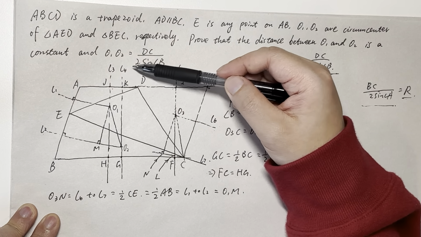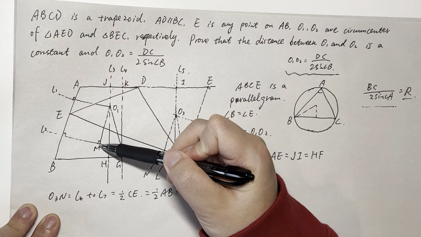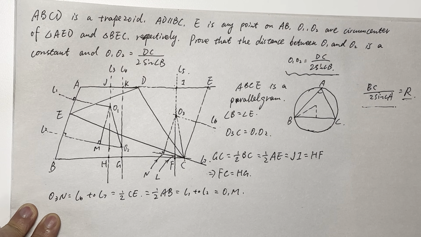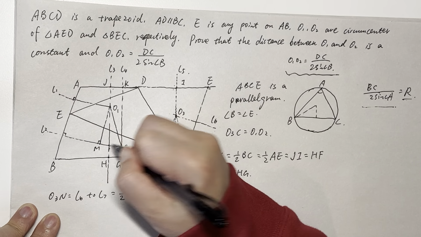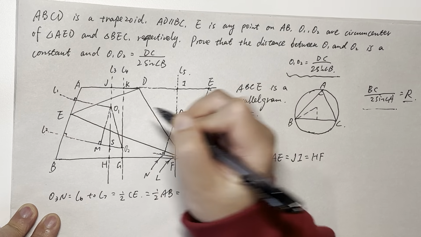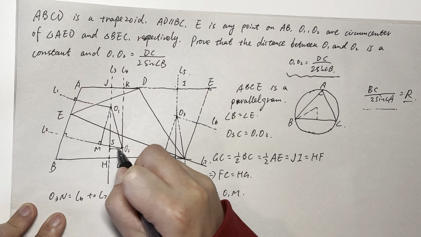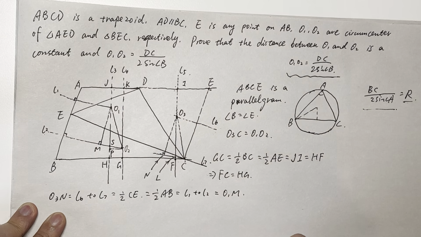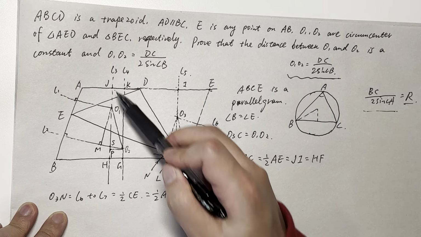And we know that L3, L4, L5 are all parallel, which means angle MO1, let me put a point here, call it S, okay? And let's call this point P. So from O2, we do the projection to L3.